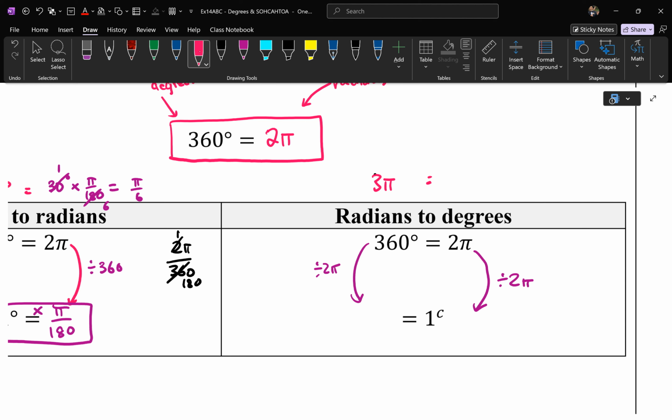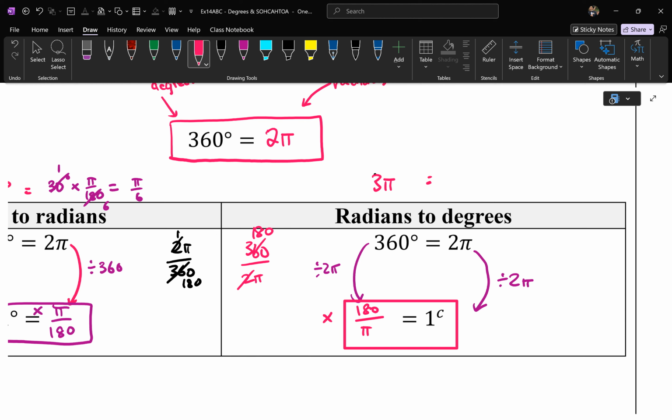And conveniently, you get something similar. 360 divided by 2 pi simplifies down to 180 over pi. So this is your second formula that your textbook will ask you to memorize: if you want to convert radians to degrees, you simply times by 180 over pi. Okay, so that's the reverse.